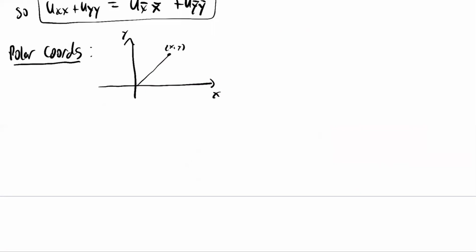How do we define polar coordinates? Well, polar coordinates are given by a choice of length r, which is the distance between your point and the origin, and then an angle theta, which is chosen to be the angle that the vector that ends at your point makes with the x-axis, right? And so these are polar coordinates.